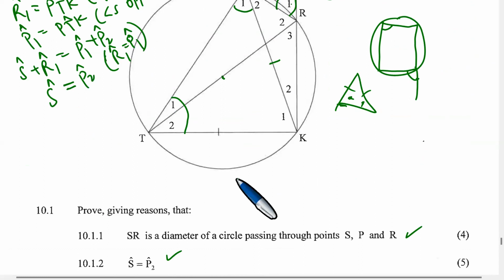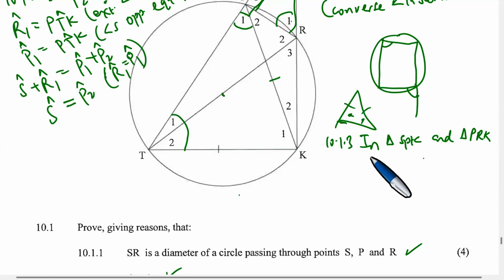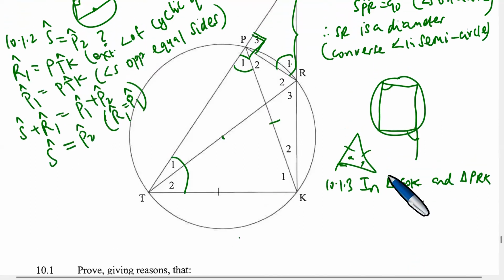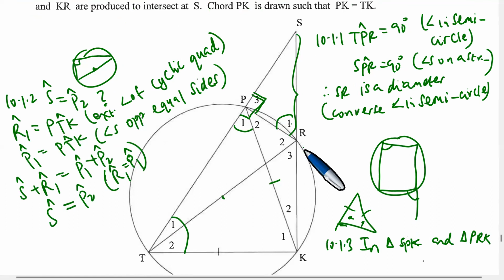So we're going to say, in triangle SPK and triangle PRK, angle S equals angle P2.